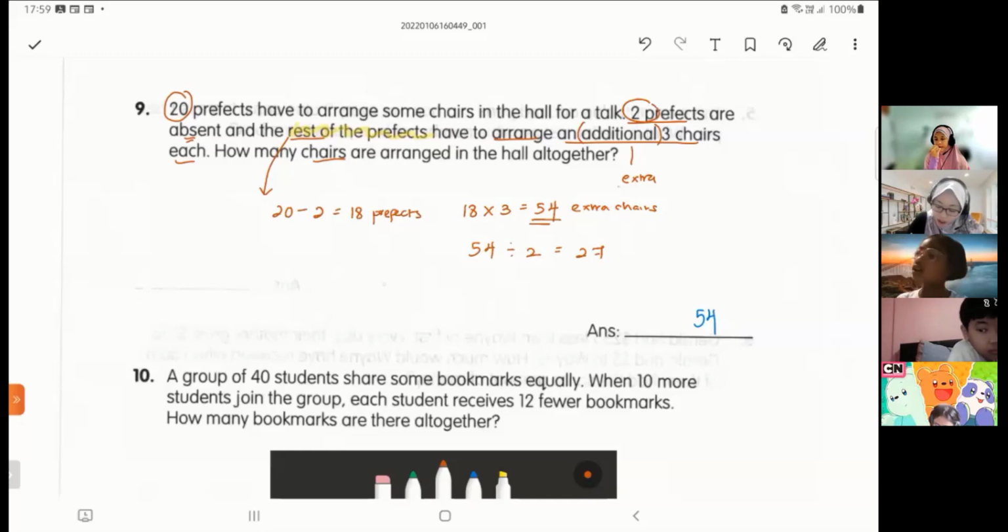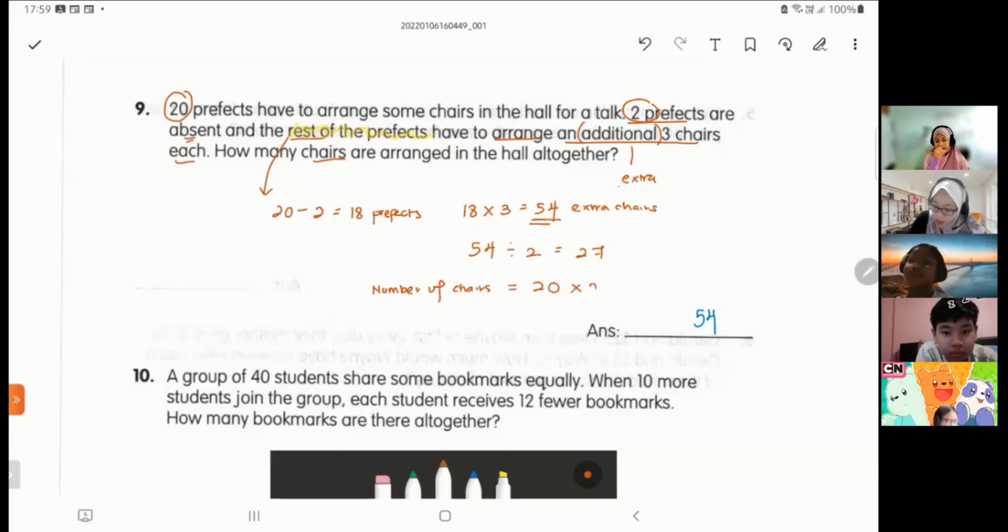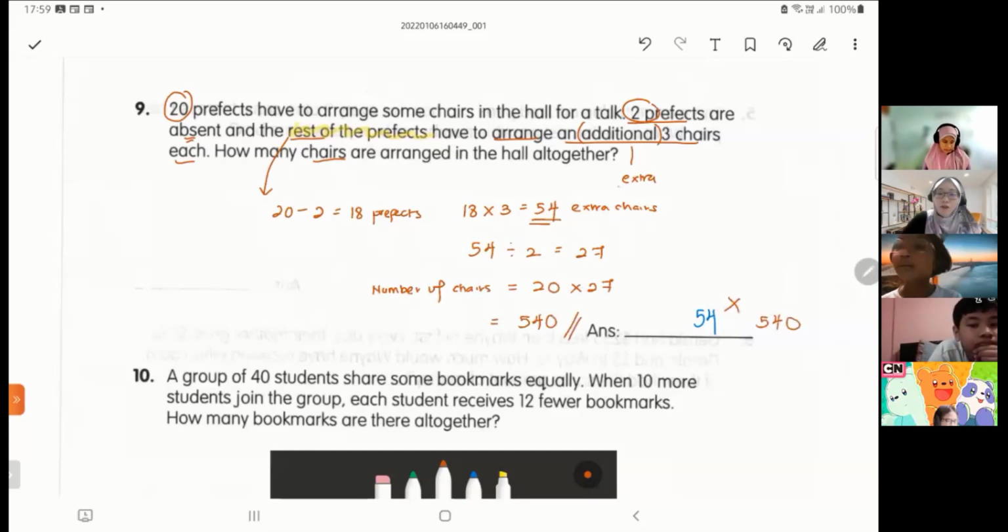So the number of chairs will be 20 prefects times 27 equals 540. This is my answer. Not 54, but 540.